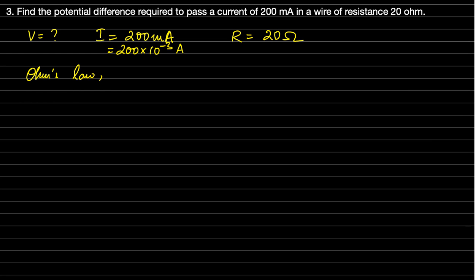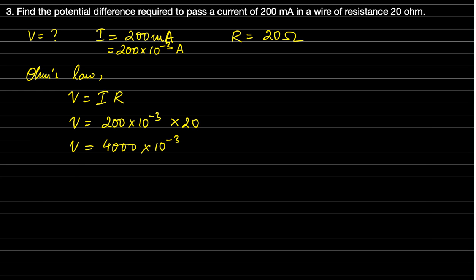That happens to be V is equal to I into R. So V will be equal to I is 200 into 10 to the power of minus 3 into 20. So V happens to be 2 into 2 is 4. So 4 and then 000 because 2 zeros were here and 1 more 0 from here. 4000 into 10 to the power of minus 3.